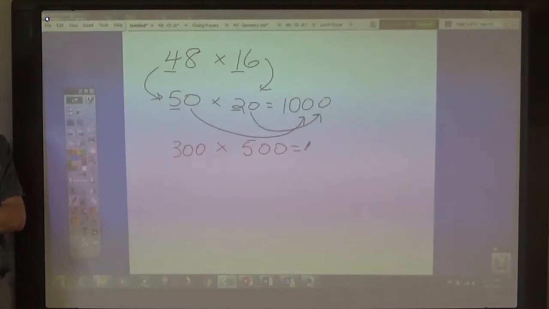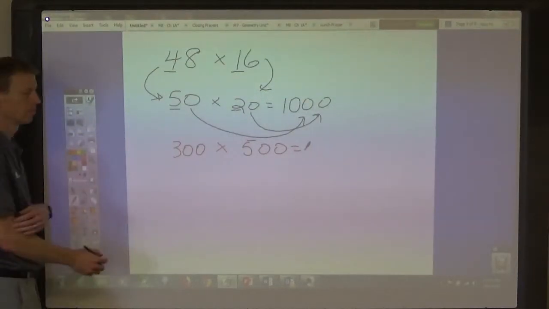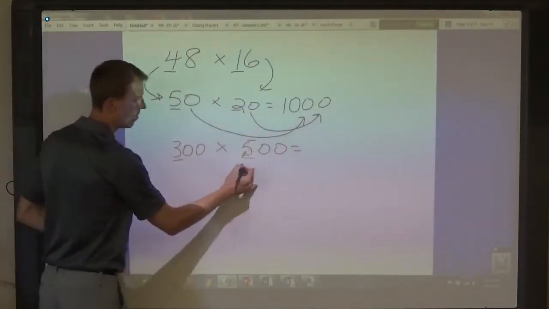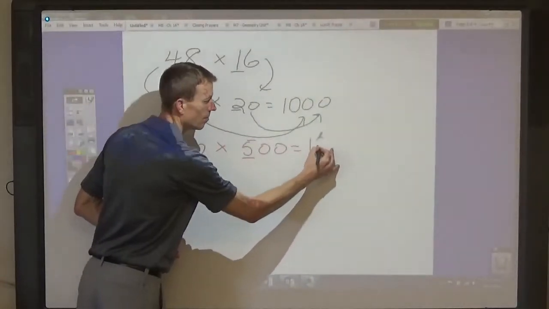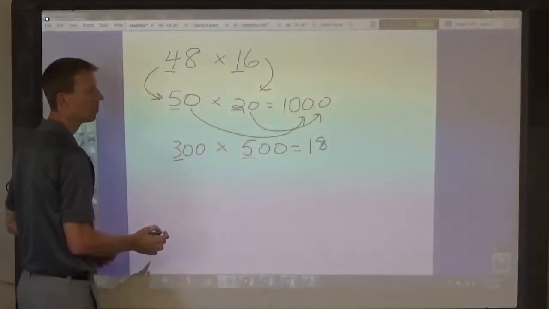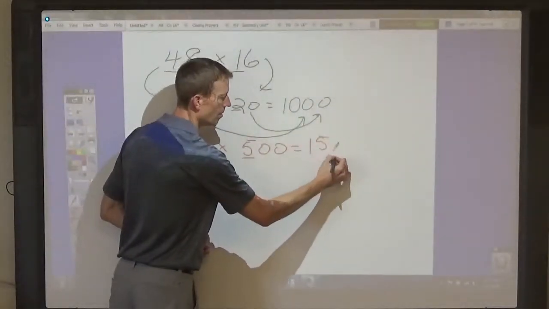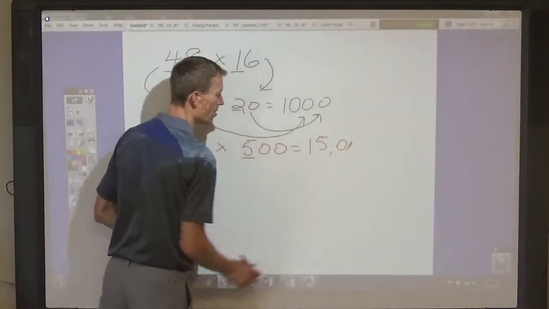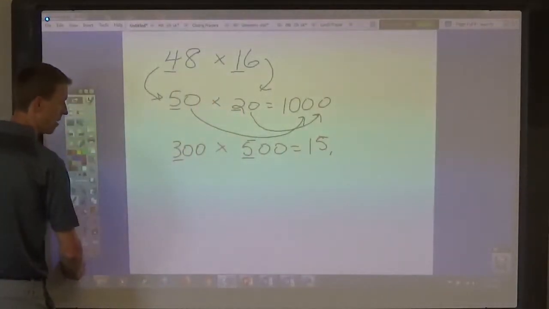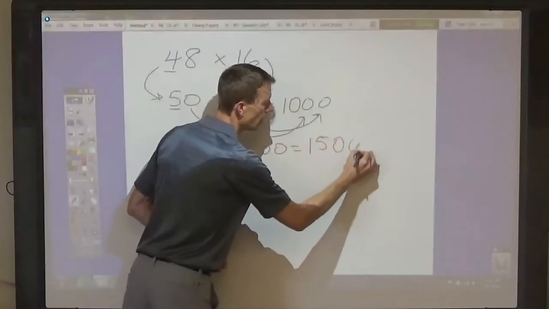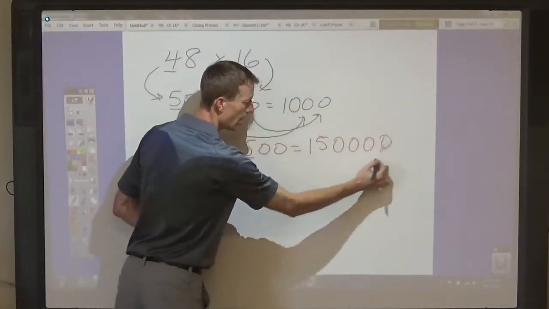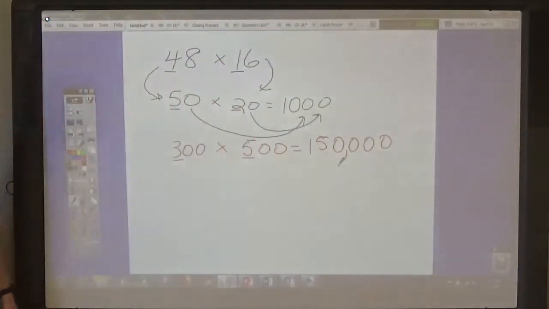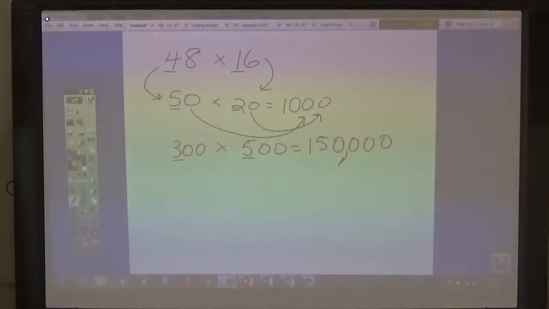Colton? Take the 5 by 3 and then take the 4 zeros and put them at the end of the 15. Good. Yep, put all the zeros into the answer. Don't put the commas in until the end. So put all 4 zeros in, and then go back and put in the comma. Okay?